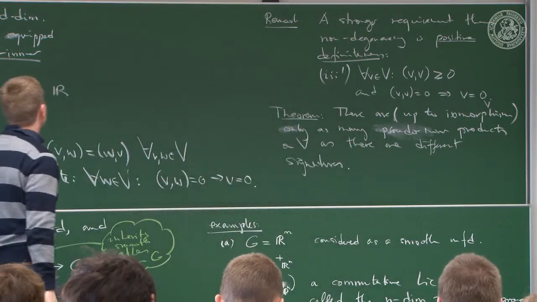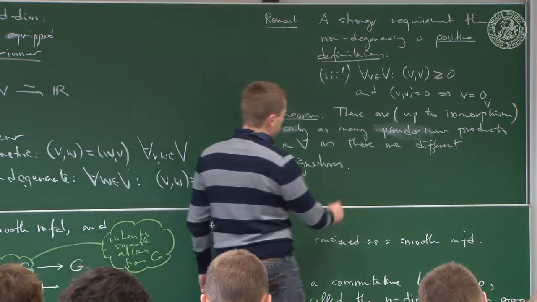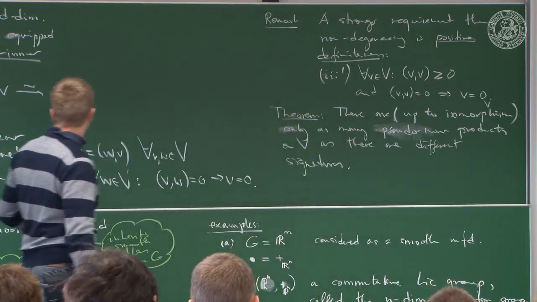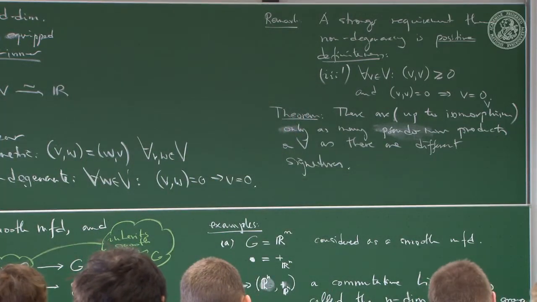What is a signature? Well, that is the Sylvester classification of symmetric bilinear maps.